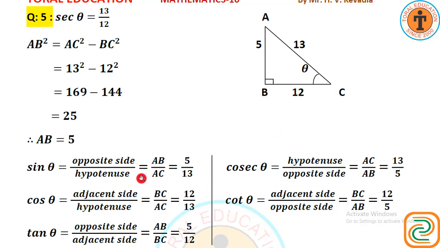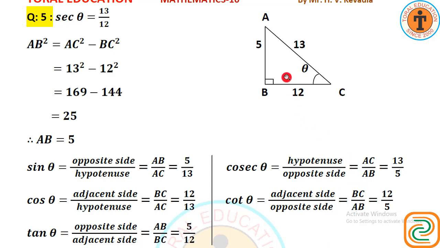Tan theta equals opposite side upon adjacent. I have written formulas so that you can remember. AB upon BC, AB opposite side, BC adjacent side of theta, that is 5 upon 12. Cosec theta, hypotenuse upon opposite side, is the reciprocal of sin theta.